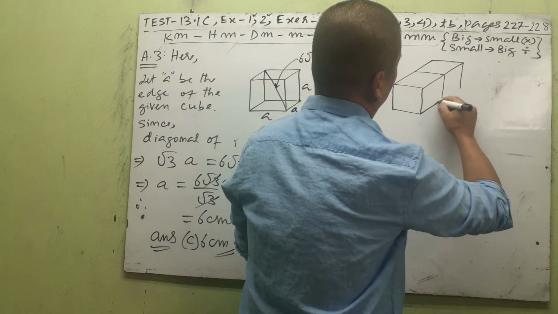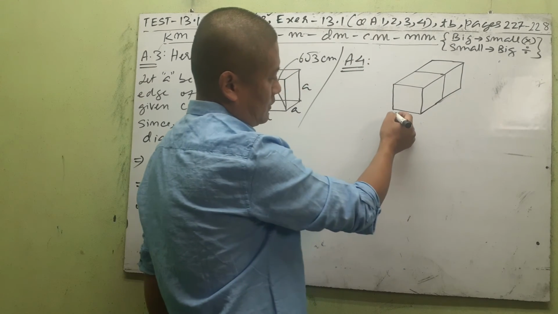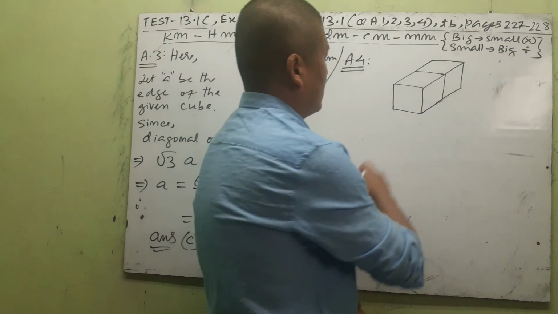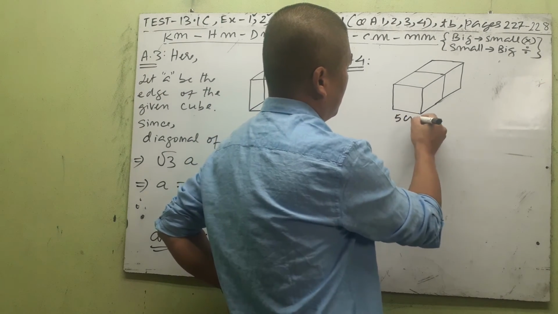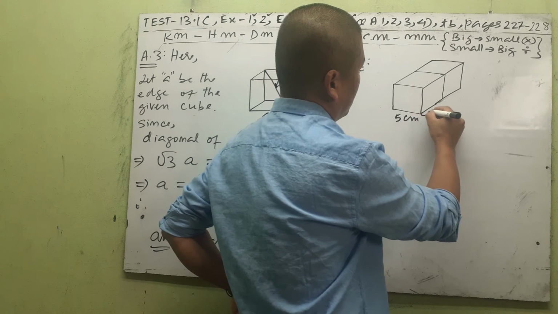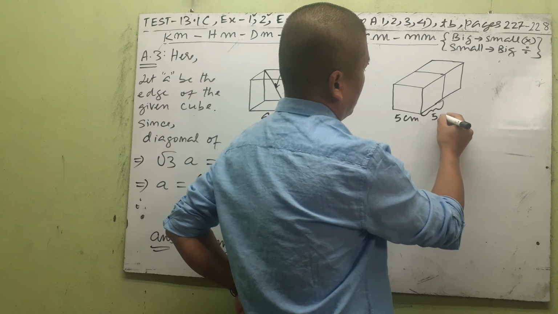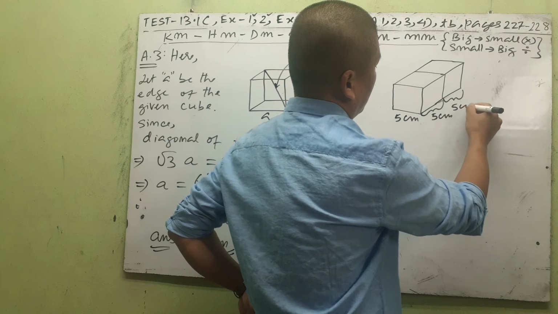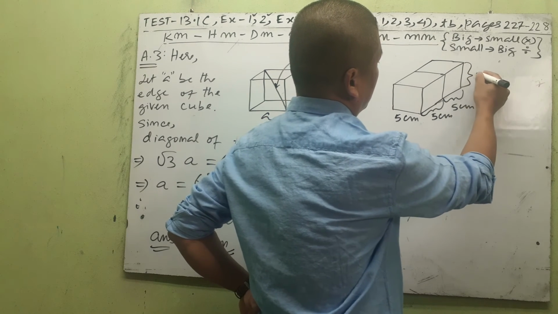Suppose the edge is 5 centimeters. So the first cube is 5, breadth is also 5. Then the second cube is also the same size, so 5. And this one of course is 5.